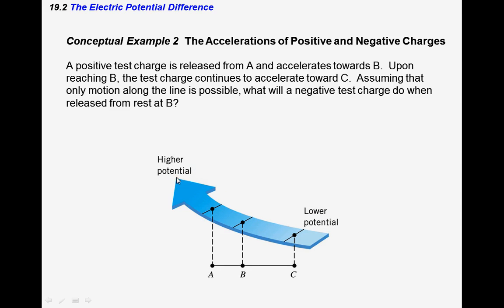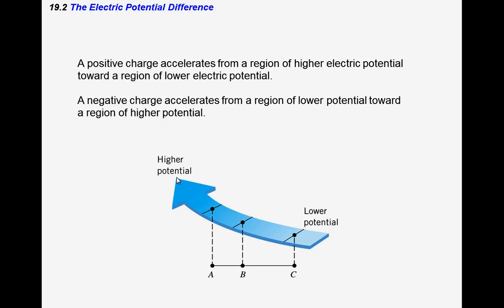So electrons behave differently than protons, and it's the opposite of the way that we would think of mass and matter behaving. So protons behave the way that mass would behave in a gravitational field. Electrons do just the opposite.